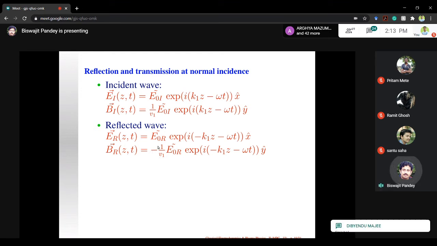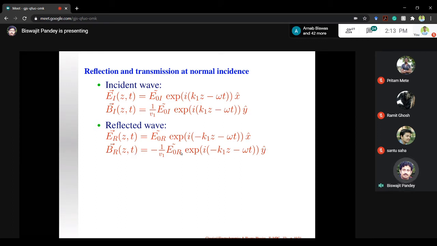So minus of K1 cap cross E_R, and E_R has a direction along X cap, so minus of Z cap cross X cap will give you Y cap, so minus of Y cap, and in the denominator V1 should be there. And this is as usual, the only difference is there is a minus sign there.